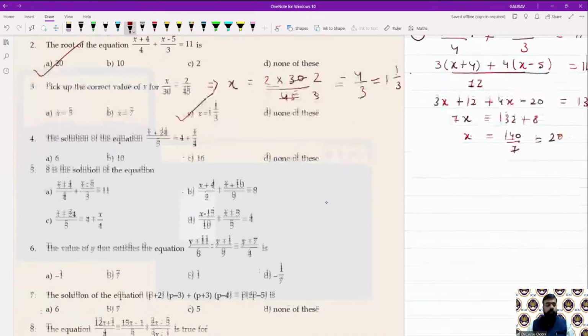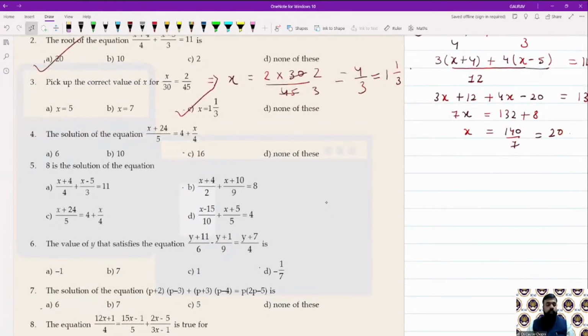Let's try question number 4. The solution of the equation (x plus 24)/5 is equal to (4 plus x)/4. So let's try this.